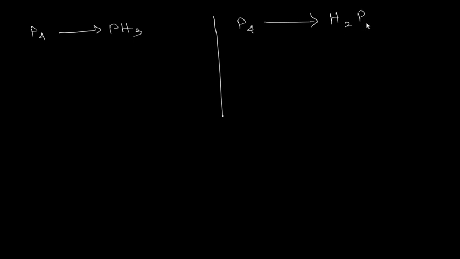So now let's proceed with balancing the oxidation and reduction reactions. Let's rewrite them here. P4 gives PH3, reduction. P4 gives H2PO2 minus.